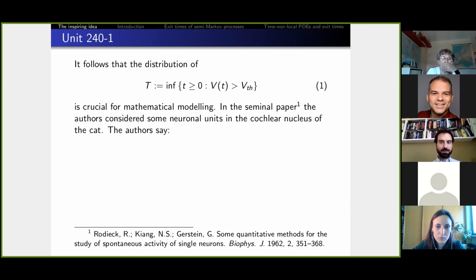The very historical paper on this started to consider this quantity in 1962, in some seminal papers by Bernstein.